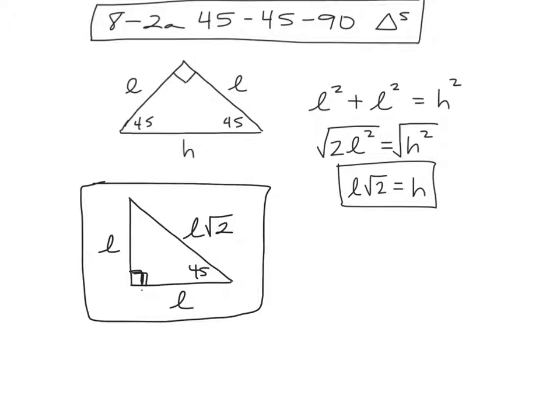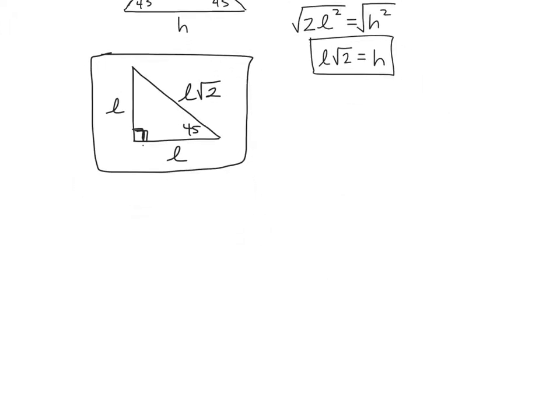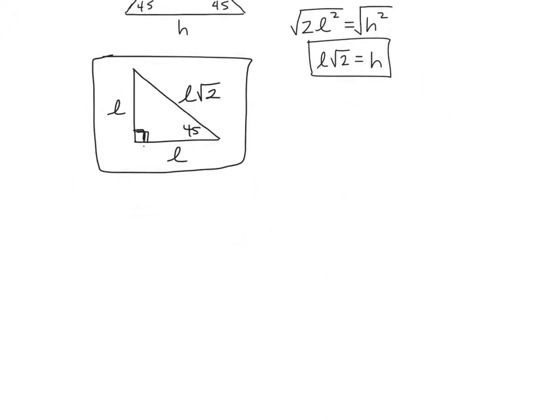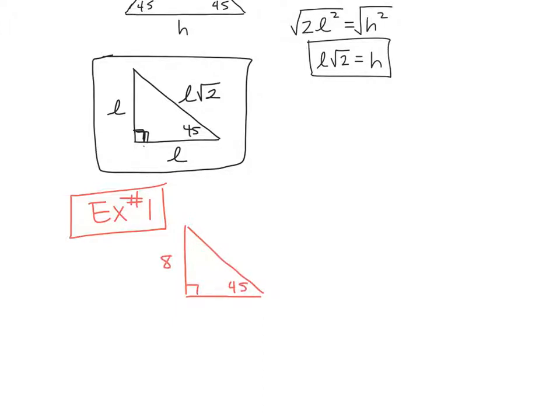So what we're going to do is I'm going to give you a few 45, 45, 90s, and we're going to see if we can set them up based on that relationship. Okay, so here's a 45, 45, 90. This is 8, this is X, and this is Y. Based on the way it's sitting, where my 45 is, where my 90 is, can you tell me what X should be?